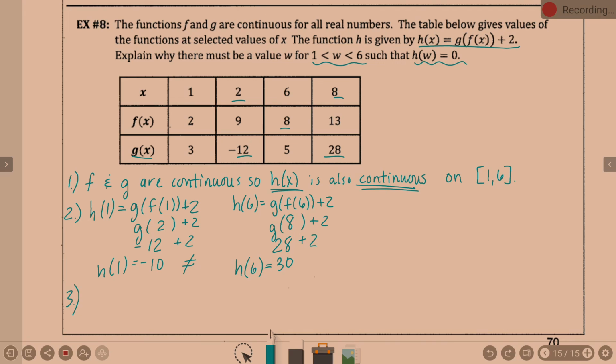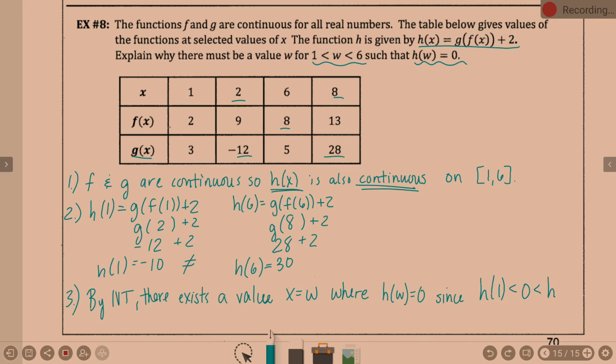Our friend IVT. Okay, by IVT, there exists a value. Now, I'm not going to say x equals c this time. I'm going to say x equals w because that's what they gave me in the problem. So there exists a value w where h of w equals 0 since h of 1 is less than 0, which is less than h of 6.